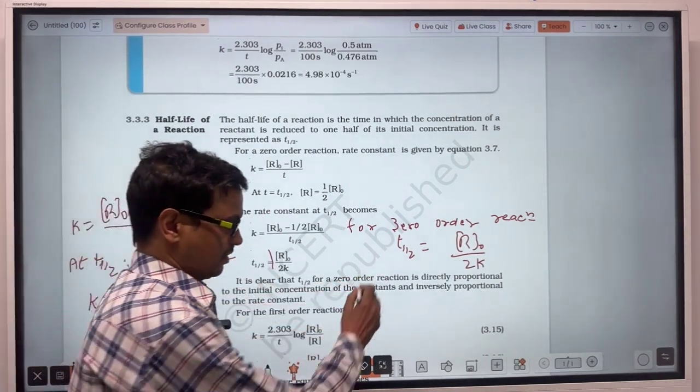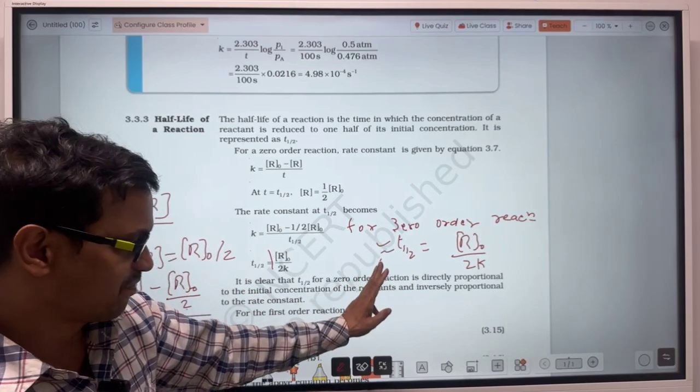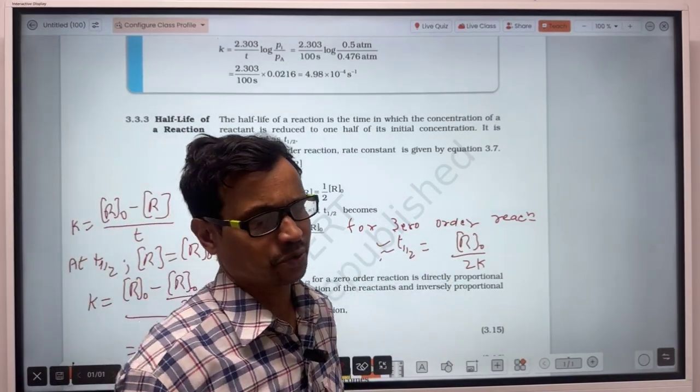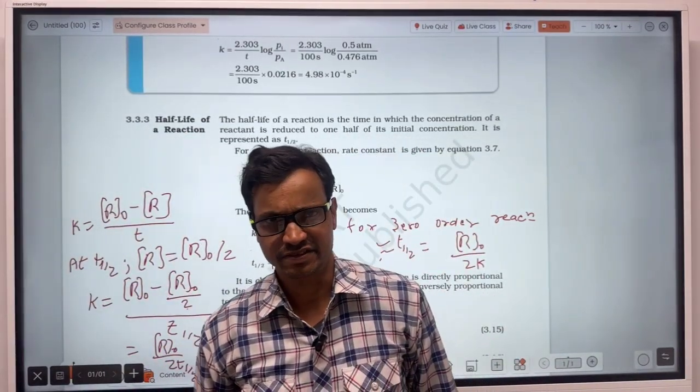Now watch out. For a zero order reaction, the half-life period is directly proportional to the initial concentration of reactant.